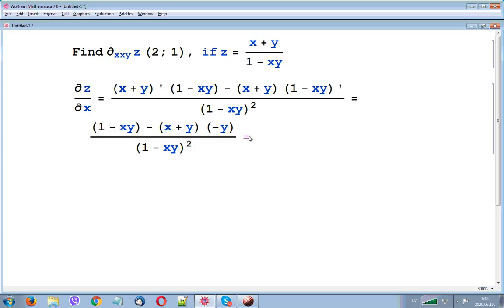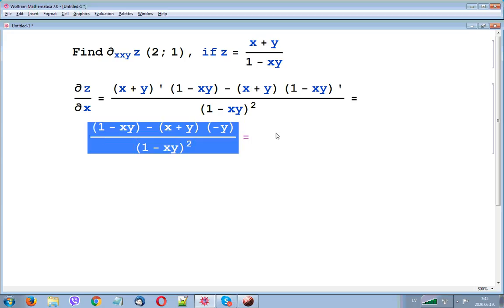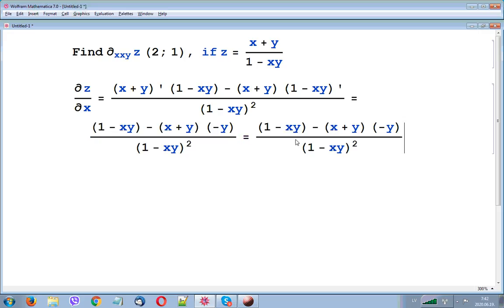And if you simplify the equation, then what will you get? Let us see. So here it will be 1 minus x, we open the brackets, and here you see minus and minus gives us plus, so here will be plus xy and plus y squared.